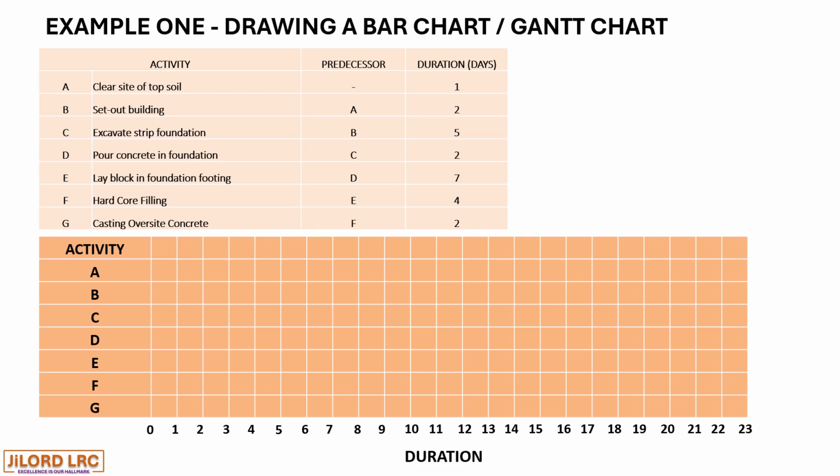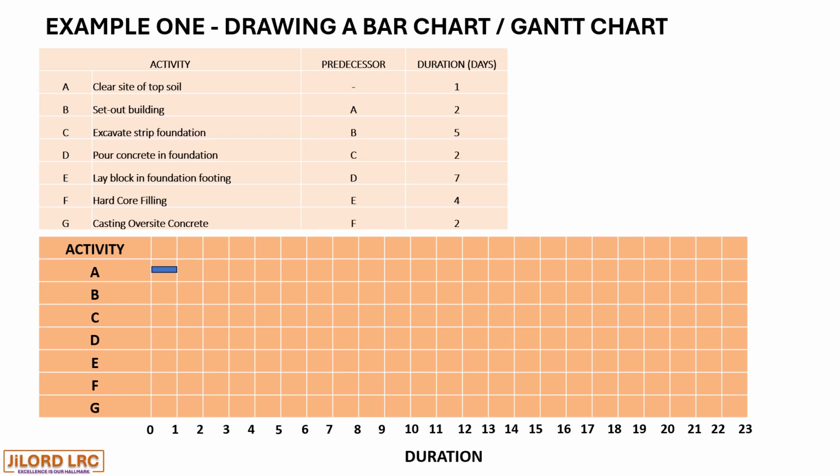Now, the initiating activity is activity A with a duration of 1 day. So the activity starts from 0 and ends on 1, as shown, and this represents a 1 day duration.